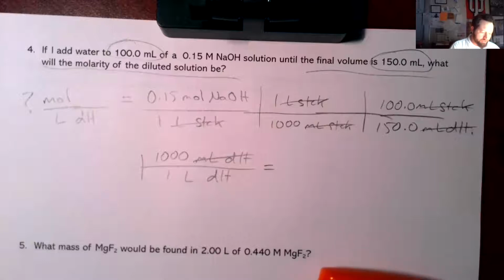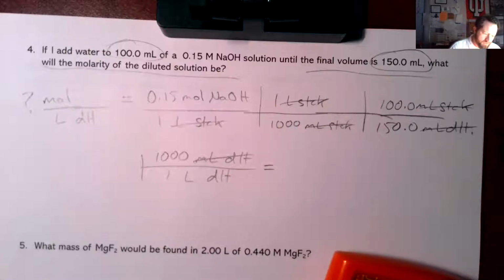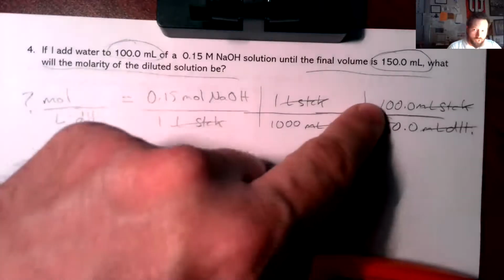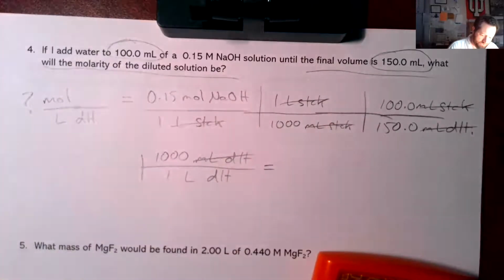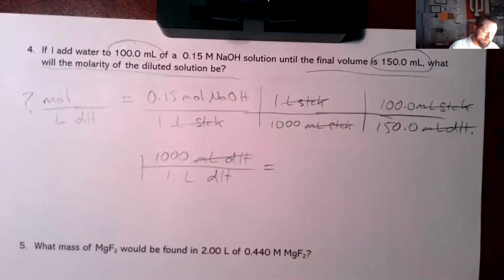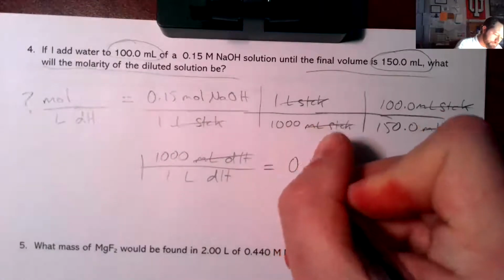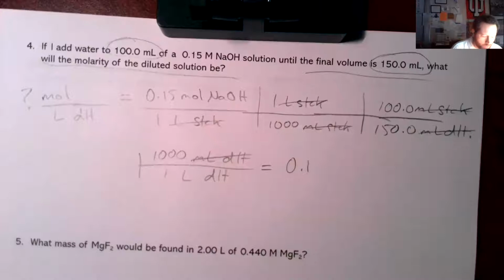Well, let's crunch. 0.15 divided by 1,000 times 100 divided by 150 times 1,000. My calculator's telling me 0.1.